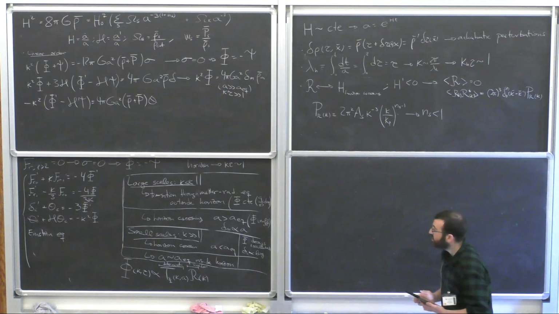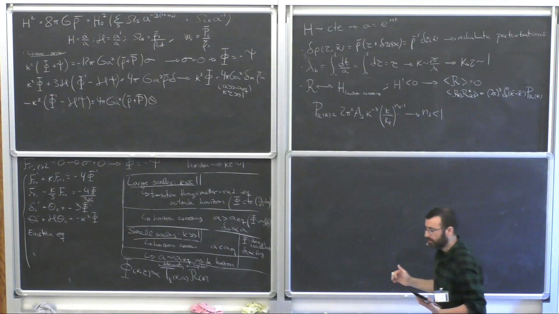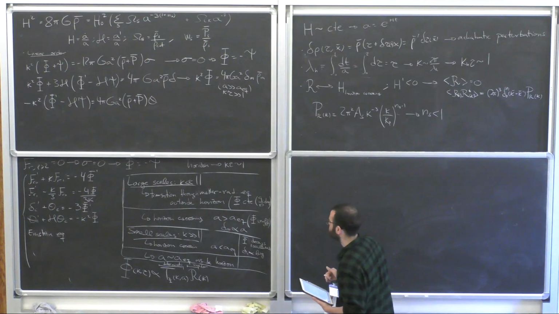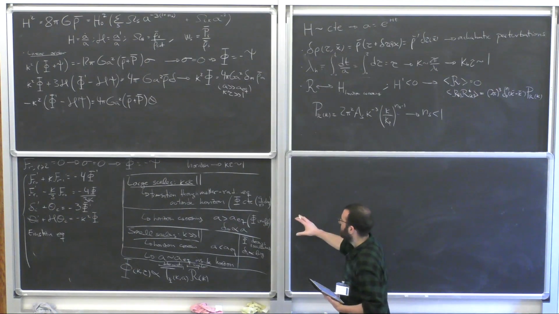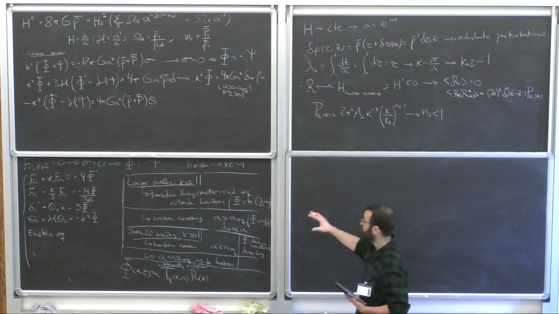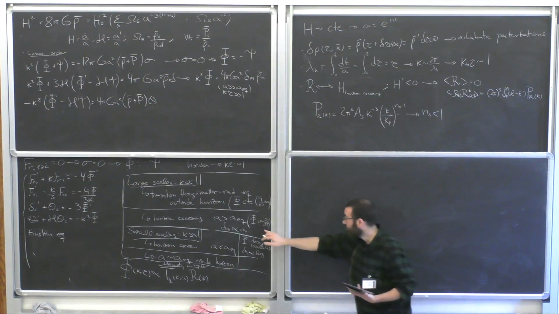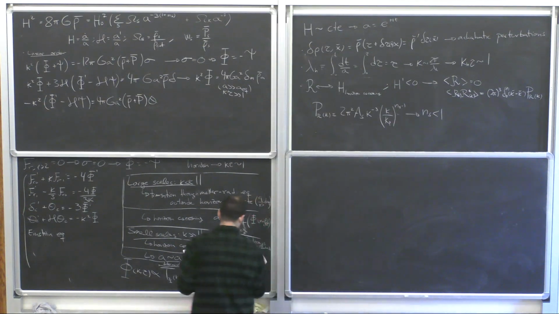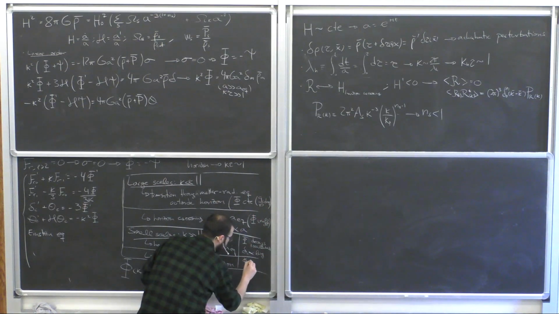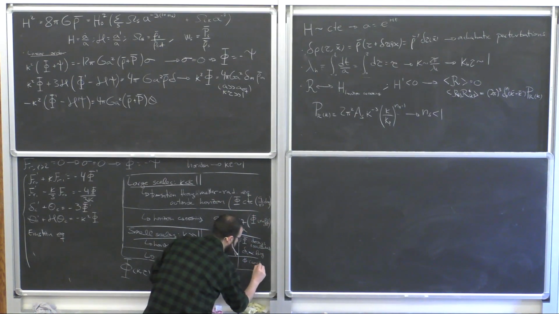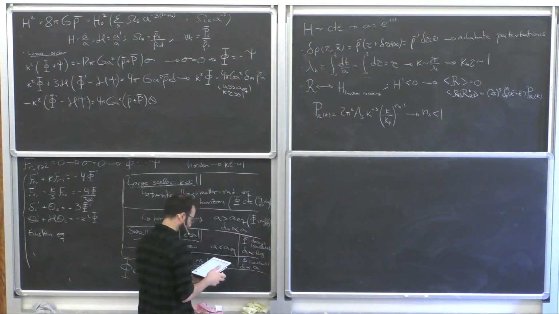But at the end of the day, since we are going to be in a situation similar to this one, phi is going to be constant, and delta cold dark matter is going to grow linearly with the scale factor.